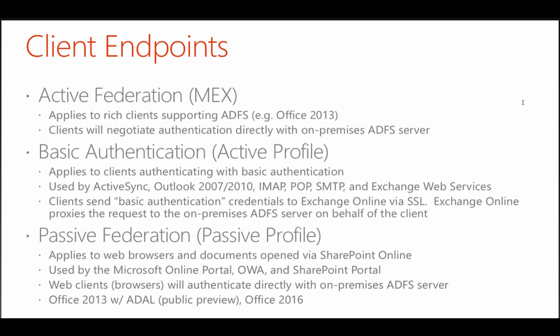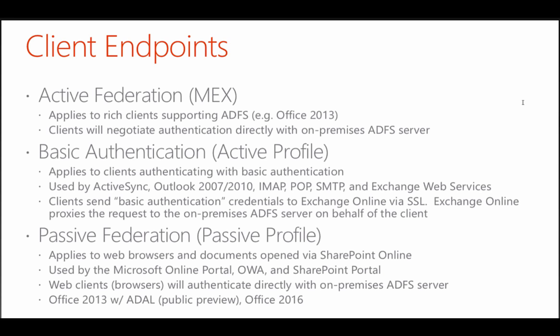And rather than the user being referred back to ADFS, Exchange Online will actually go to ADFS with the username and password that was passed to it through basic authentication and try to authenticate on behalf of that user. This is a very important factor to consider because if you're looking at things like restricting the ability to log into Office 365 by IP range, you now are lessening your ability to get that done because Exchange Online is attempting to authenticate on the end user's behalf, which obviously is going to have a different IP address than the actual user. So something to be aware of there.